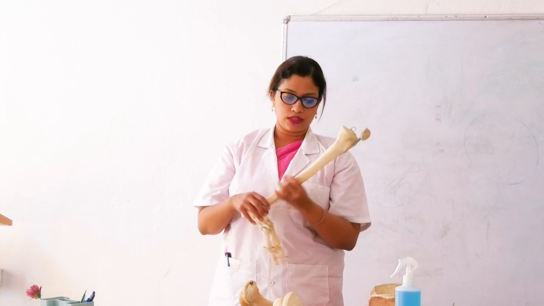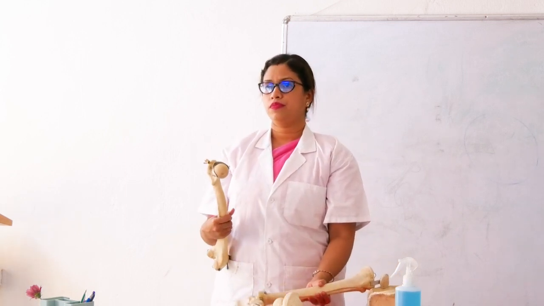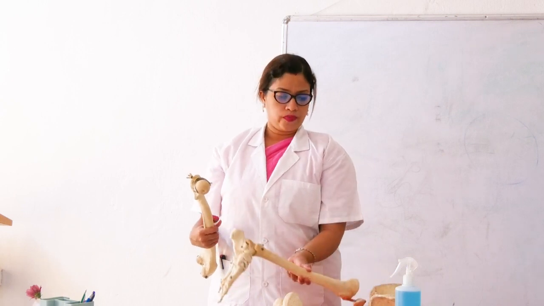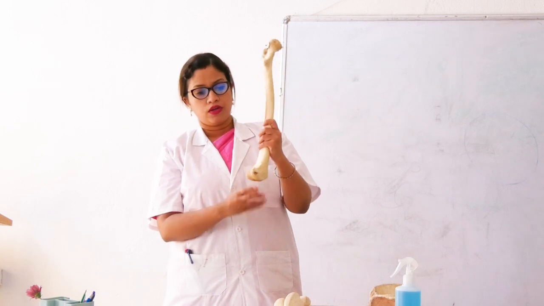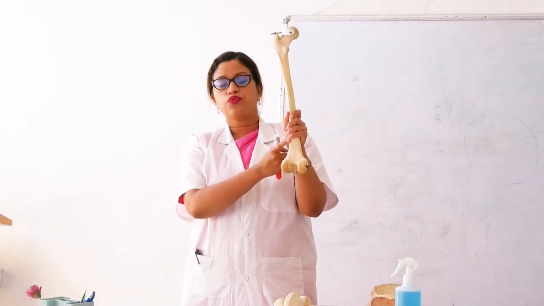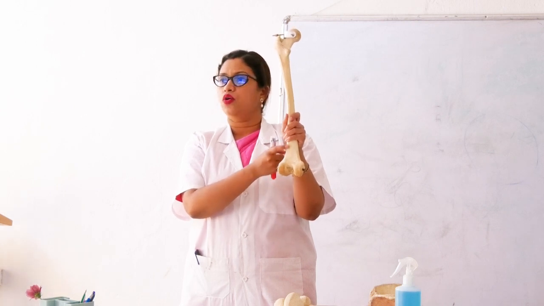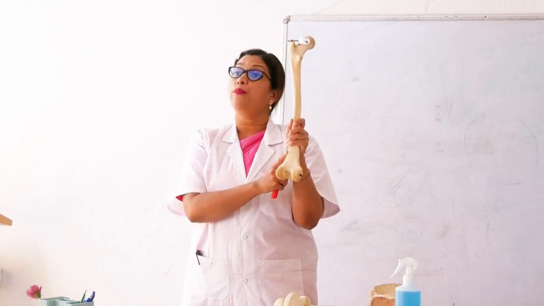Lateral head of gastrocnemius. So where would it originate? Which part? You could see there is one elevation in this part. This is the origin of popliteus.